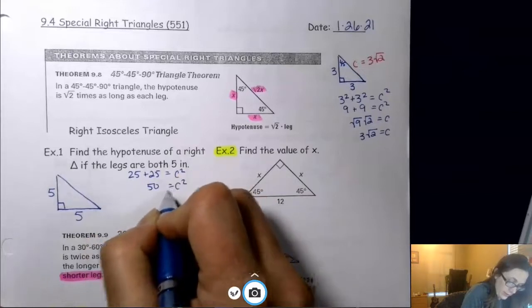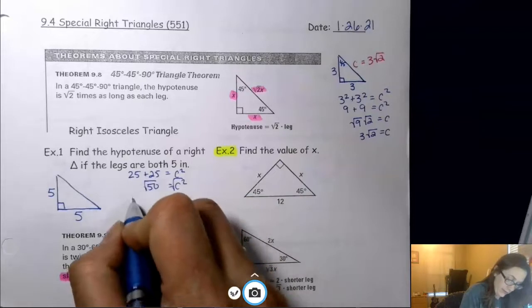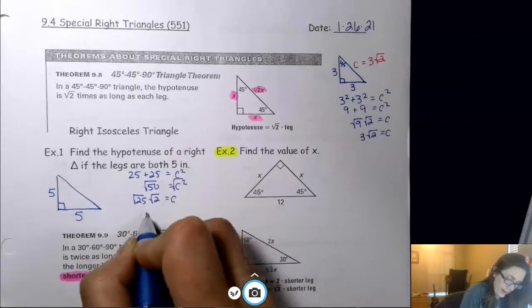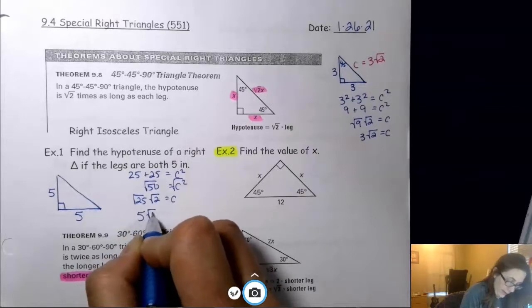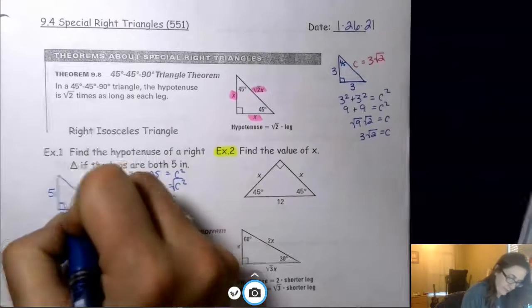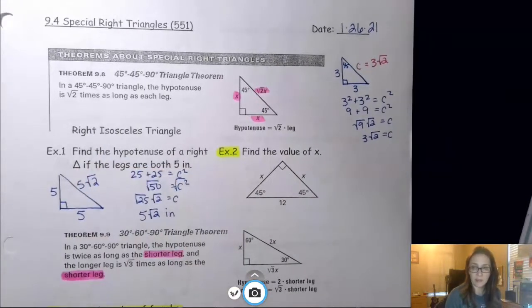The square root of 50, well, there's a perfect square factor of 25. We're going to end up with 5 root 2, every single time, no matter what. Okay, so again, you don't have to continue to work that out. If you know it's a 45, 45, 90, you can just put that in.